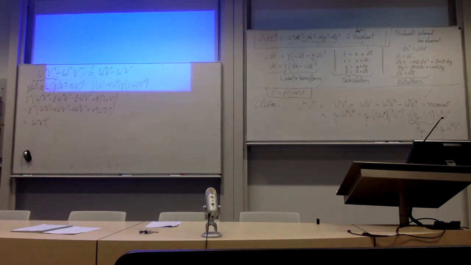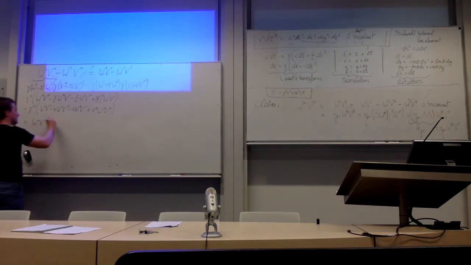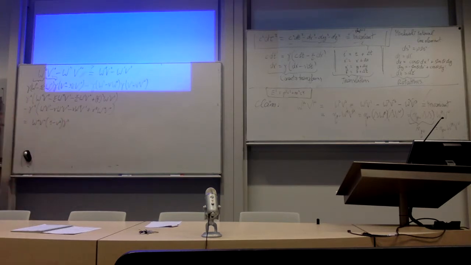I haven't written it down yet, but it's there somewhere. It's 1 minus v squared, and there's a gamma squared too, right? This gamma squared and that gamma squared.